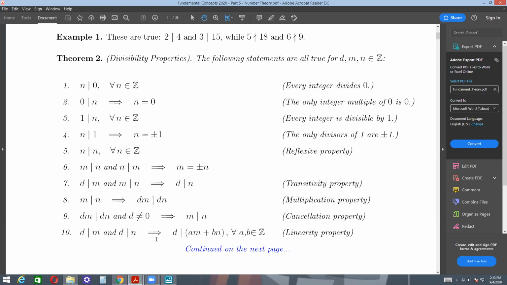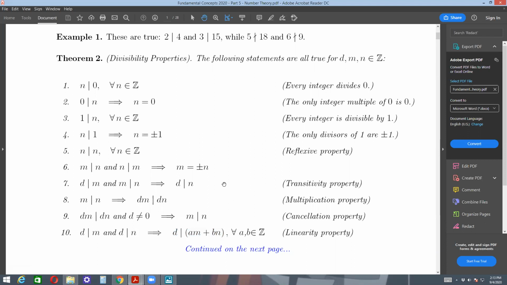So that's what we mean when we say a linear combination: a multiple of m plus another multiple of n. And it doesn't matter what a or b is, as long as they are integers, this divisibility would hold once these two hold.